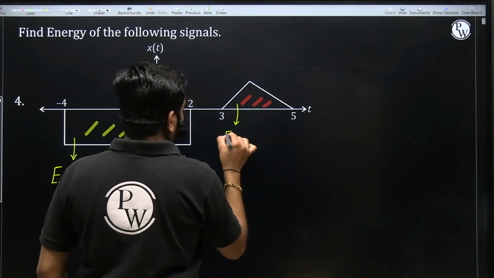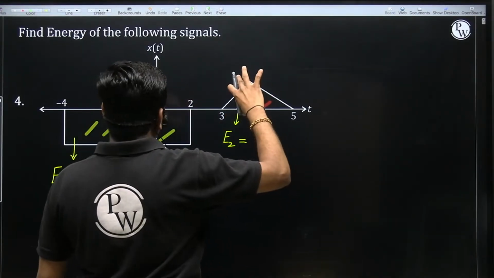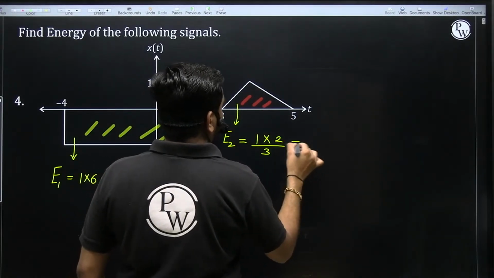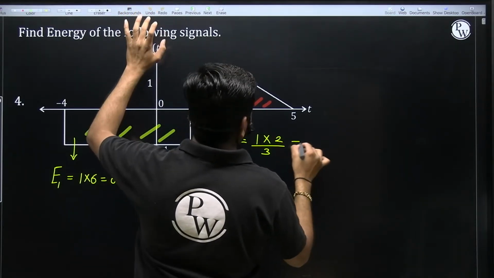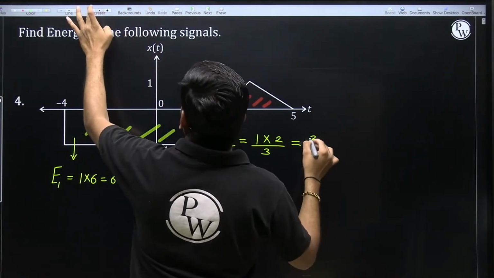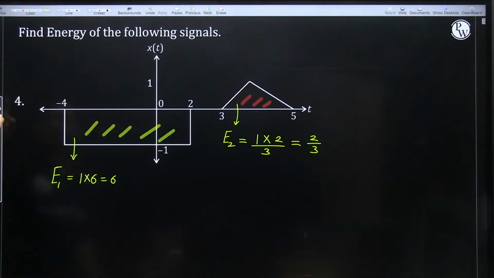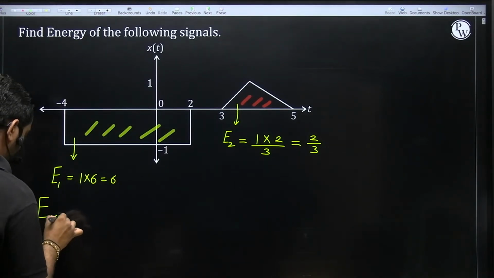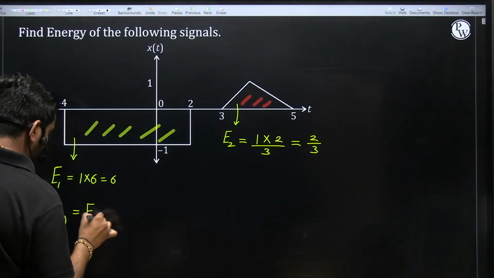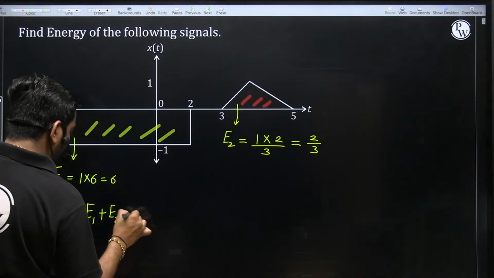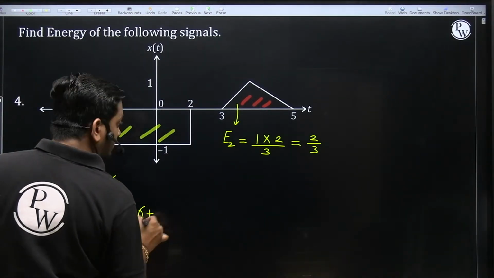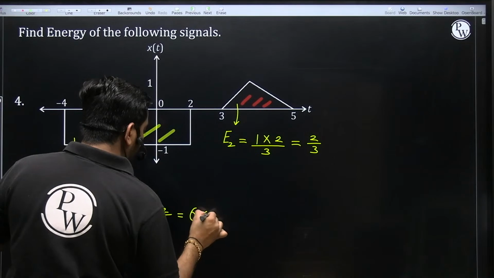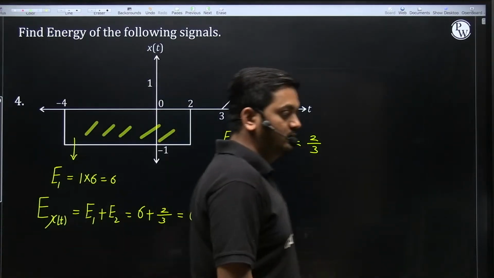Energy of this triangle: peak value squared, 1, into width 2, divided by 3, so it is 2 by 3, 0.67. So the total energy is E1 plus E2, 6 plus 2 by 3, it will be 6.67 joule.